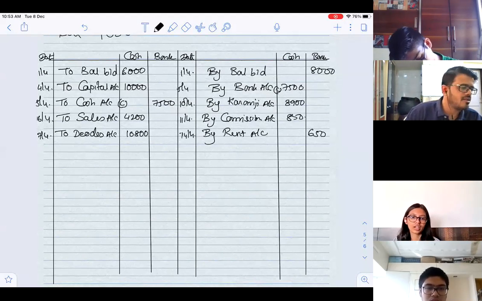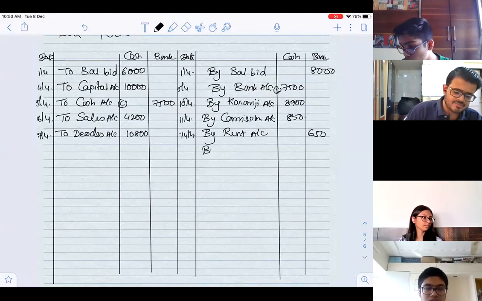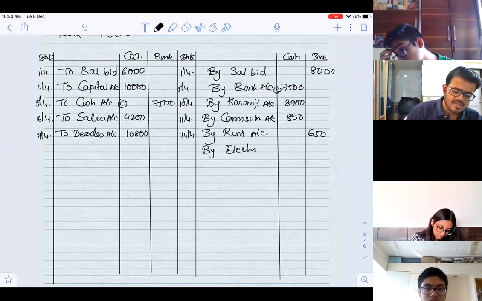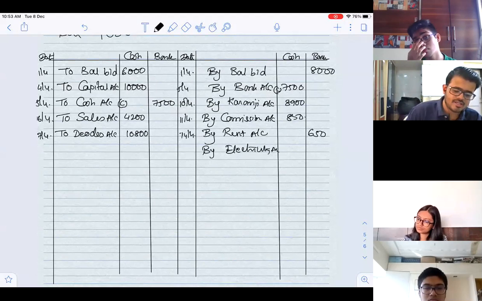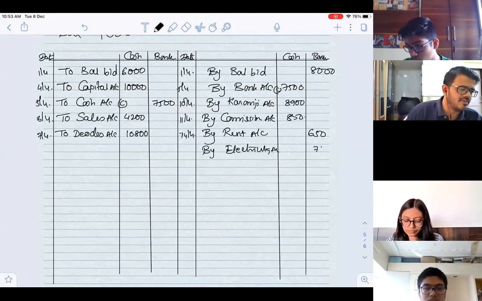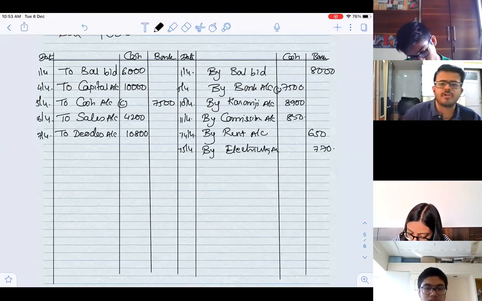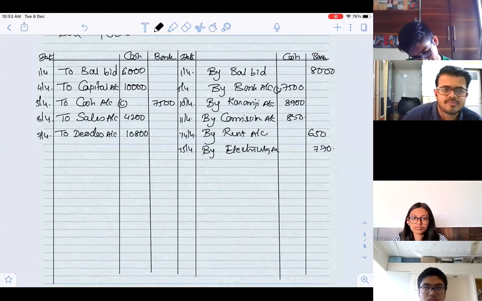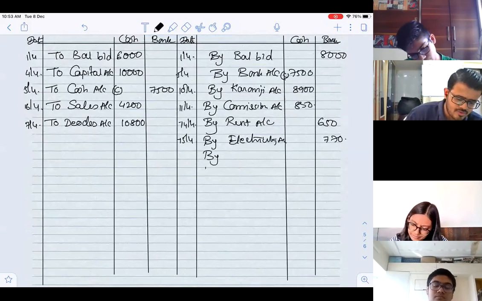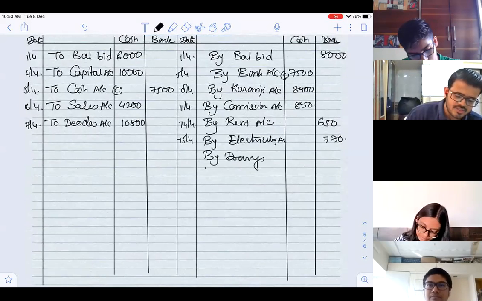14th of April. Paid electricity charges by check. So by electricity account in the bank column 770. This is 15th April. Drew a check for personal expense. What do you mean by drew a check for personal expense? Drawings account. So by drawings.